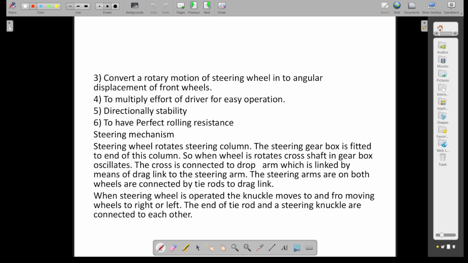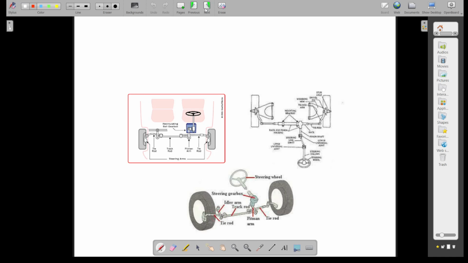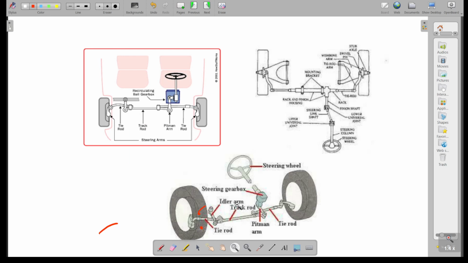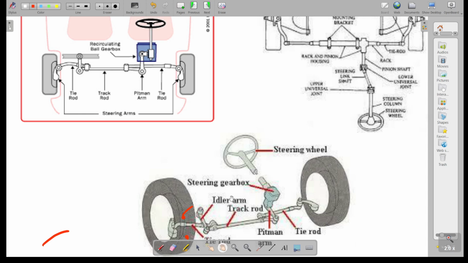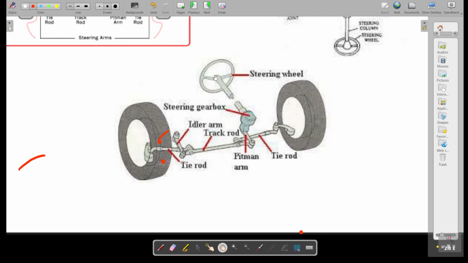So the basic system I have already told you regarding the steering. The steering system consists of the steering wheel, the steering column, the steering gearbox, then the drop arm, which is also called the Pitman arm, and then the tie rod.